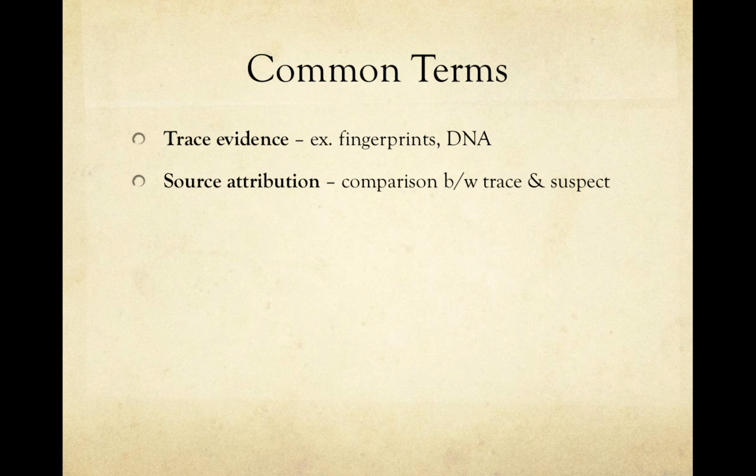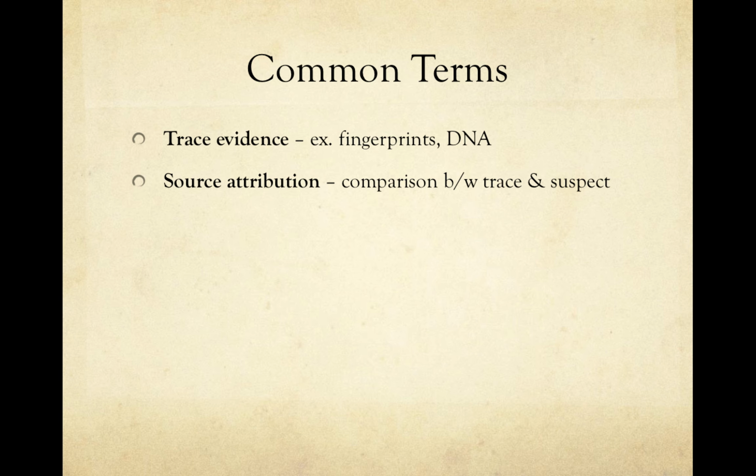Next we have source attribution. So the goal of the forensic examiner is to determine where that trace evidence came from, or in other words, to determine its source. So first you'll have the trace evidence, and then you will have this notion of source attribution in terms of trying to determine where this trace evidence originated from.